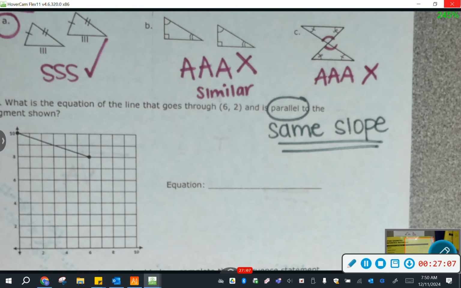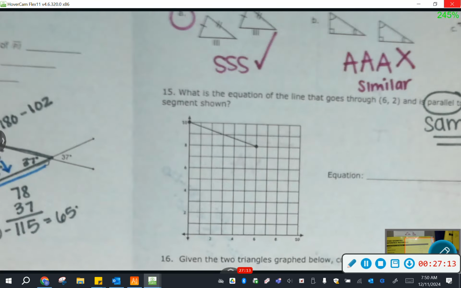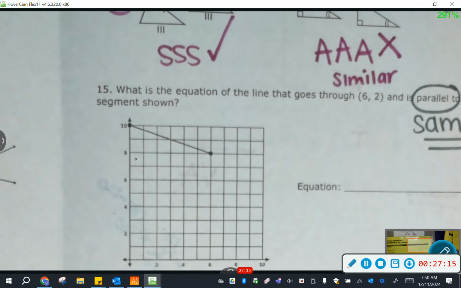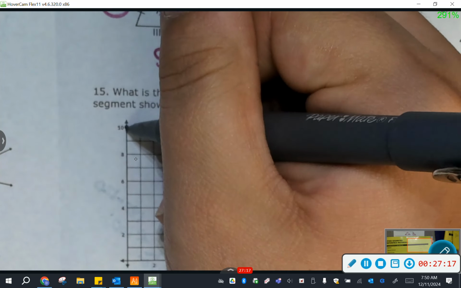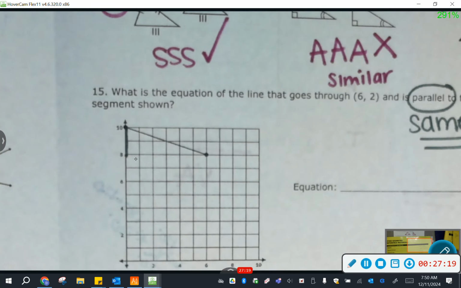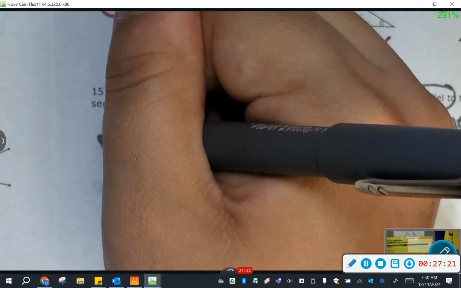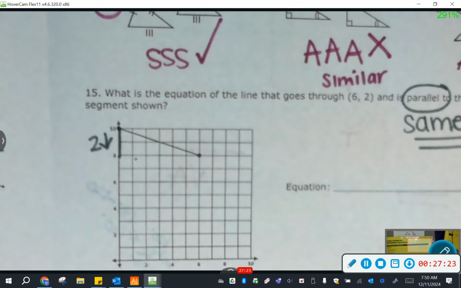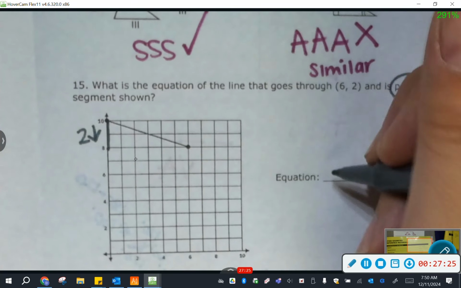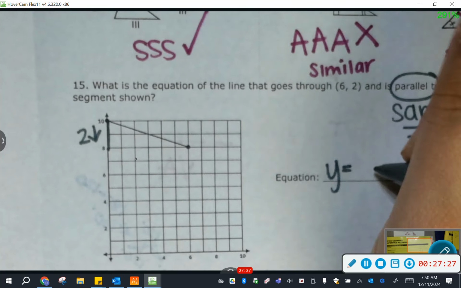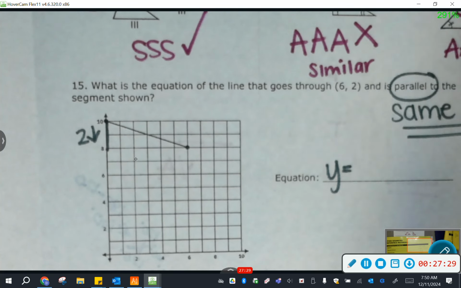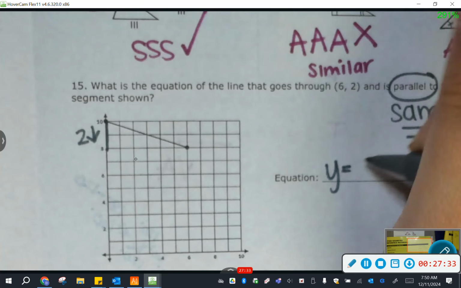Samuel, Samantha, Marco, you with me? Parallel lines have the same slope. How do you find slope here? Rise, run. This one is going down, so my slope automatically has a negative.